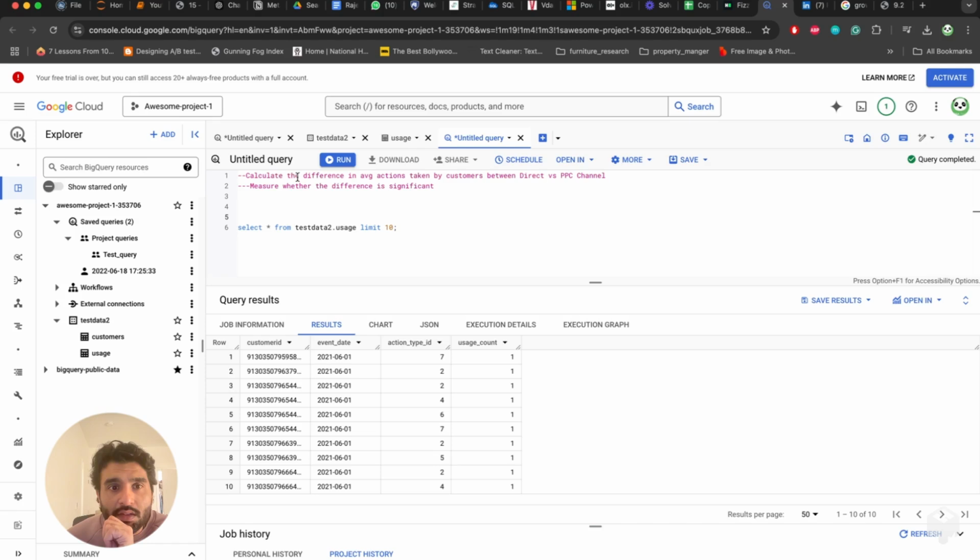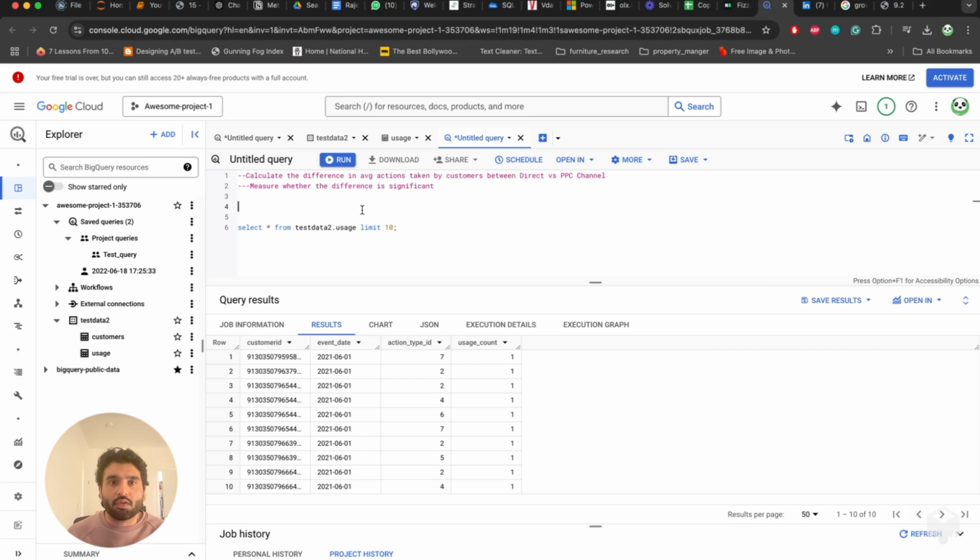So we are interested in the difference in average actions taken by customer between the direct and PPC channel. Customers that came from the direct channel did some actions, and we want the average for that group compared to customers that came from the PPC channel.